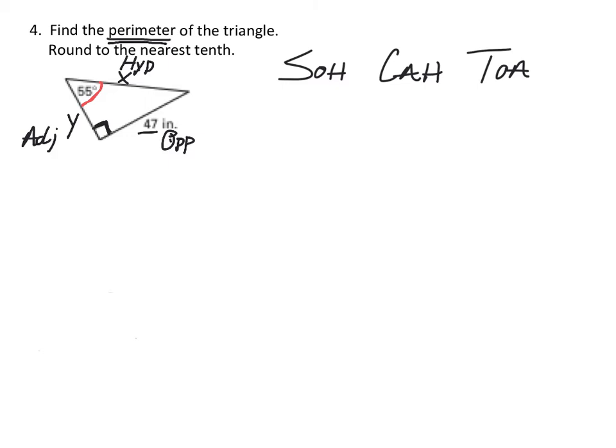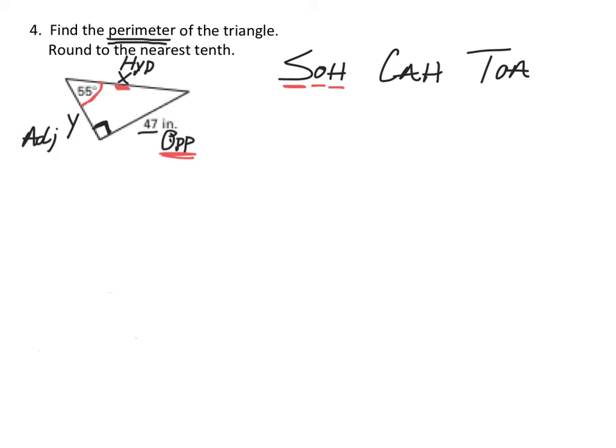Okay, so now I need to figure out what function I'm going to use to solve for either of these variables. Well, let's start with the hypotenuse. So I'm going to be looking for the hypotenuse, and I'm going to be using the opposite side. So let's go to our list of functions and see what function uses the opposite and the hypotenuse.